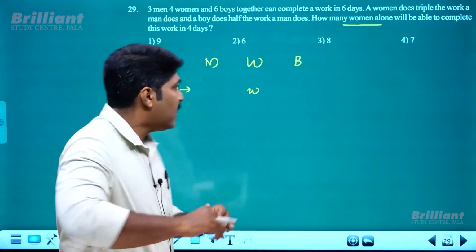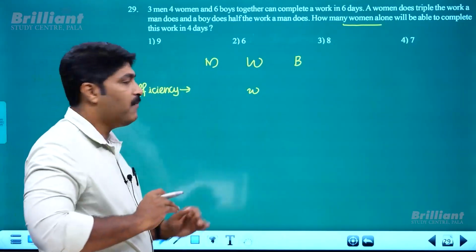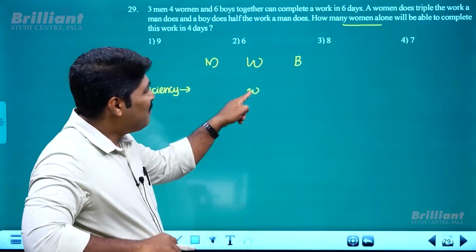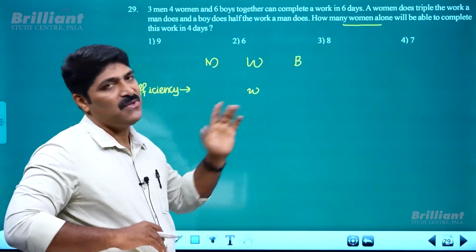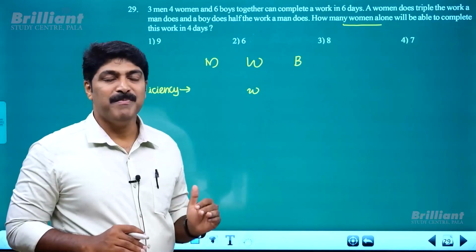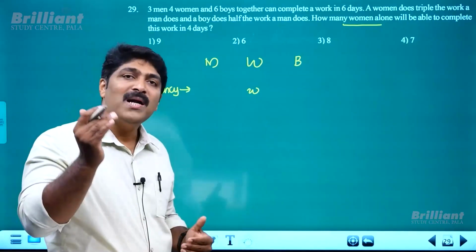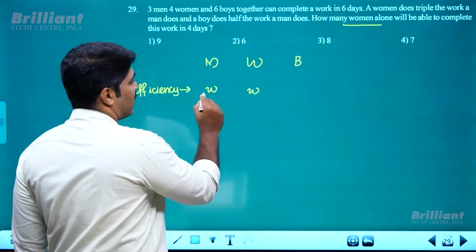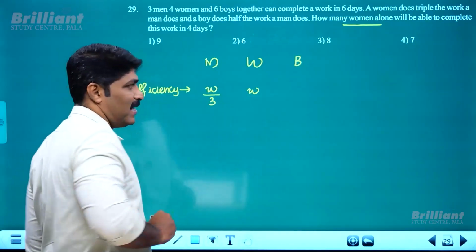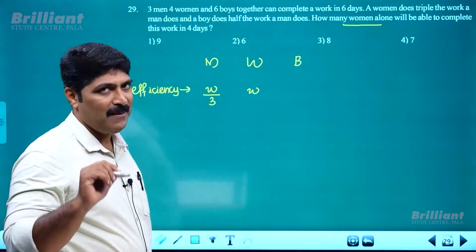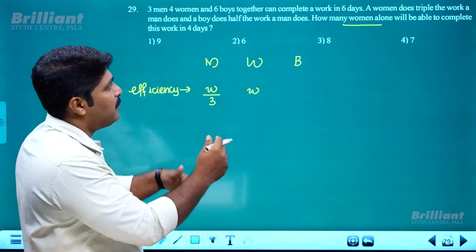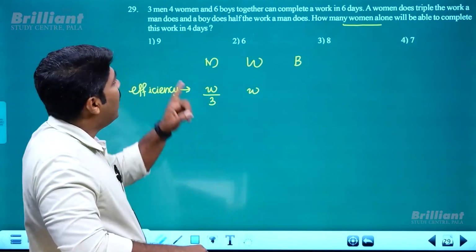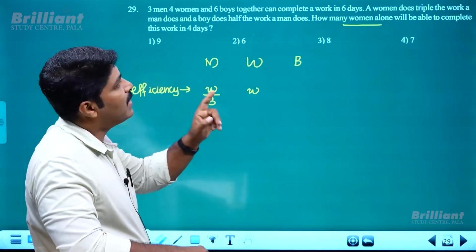So how can we consider the efficiency of a man with respect to this W? Here, a woman's efficiency is 3 times that of a man. Therefore, each man's efficiency is 1/3 of a woman's, so we can write it as W by 3. Have we got the logic clearly? Now we are moving to the efficiency of a boy. It is mentioned that a boy does half the work of a man.